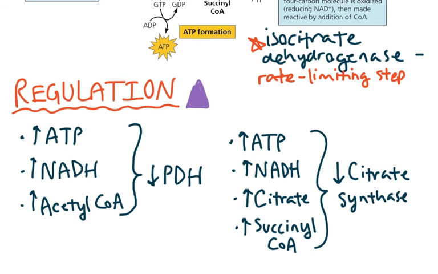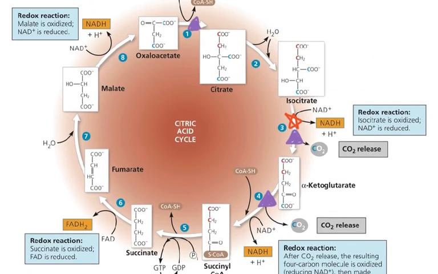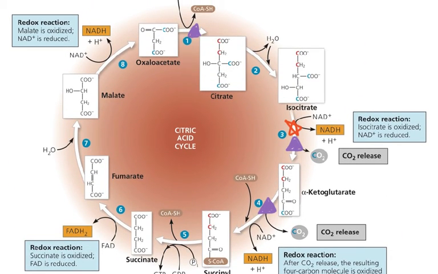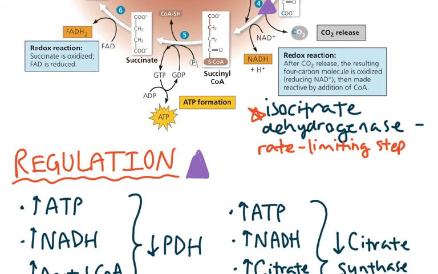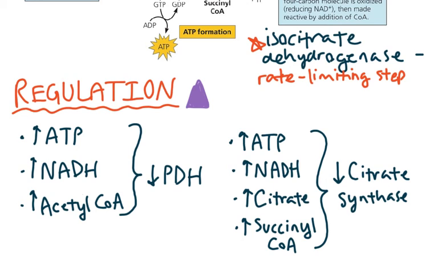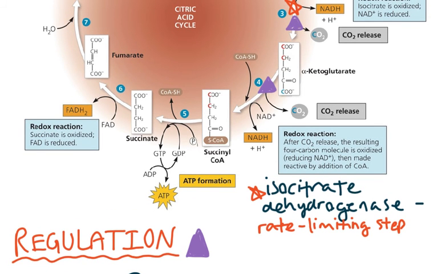The next checkpoint on this, and I've labeled all the places where it's regulated with these little purple triangles, is citrate synthase. Citrate synthase is also inhibited by ATP and NADH, but it's also inhibited by citrate. Again, that makes sense because we're making citrate, and if we have enough of it, we don't need to make any more. And it is inhibited by succinyl-CoA, which is halfway across the cycle, but it follows that if we have a lot of citrate, we will also make a lot of succinyl-CoA.